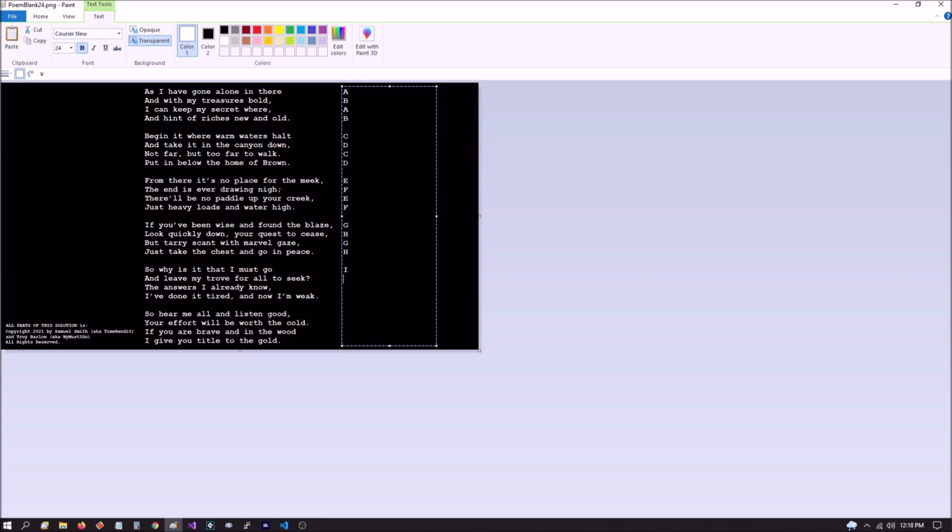The second's going to rhyme with the fourth within that stanza. But if you look at it globally, the word seek does rhyme with meek and creek. So the proper letter to give this is E. Now, no rhymes with go. So we give that an I. Weak, again, rhymes with seek, which rhymes with meek and creek. So we give that an E.